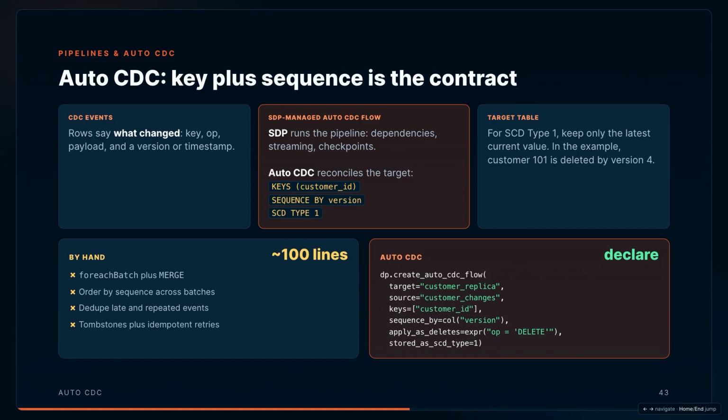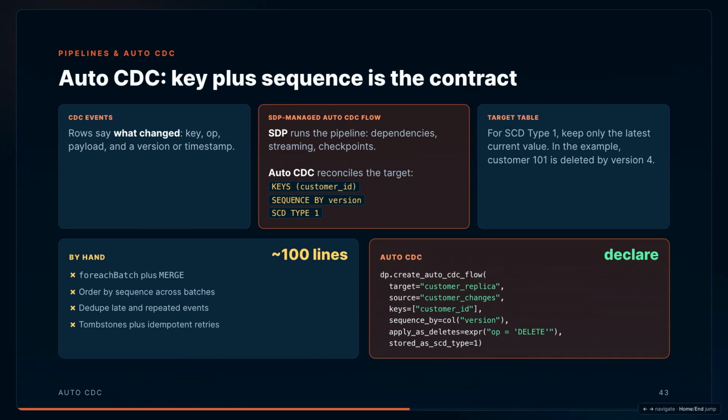So in SDP, we have a new feature inside Spark 4.2 we call auto CDC, change data capture. This can help to address this issue. So SDP here, Spark Declarative Pipeline, is a pipeline manager. It runs as a pipeline.